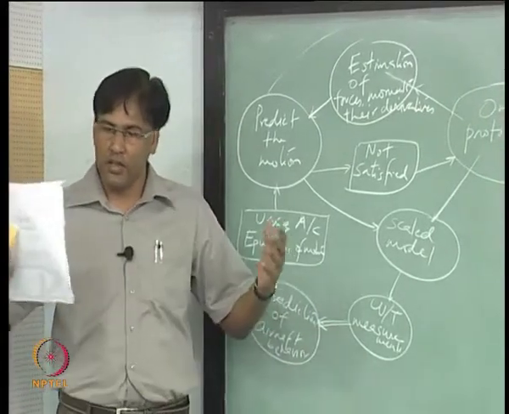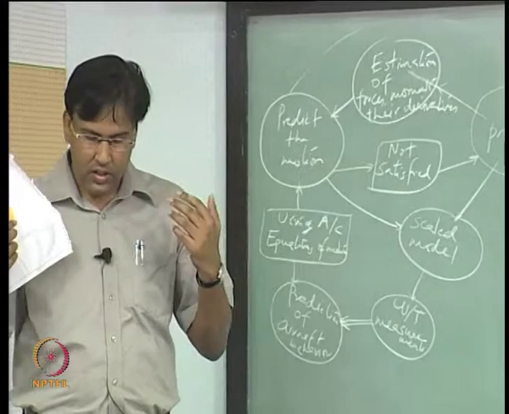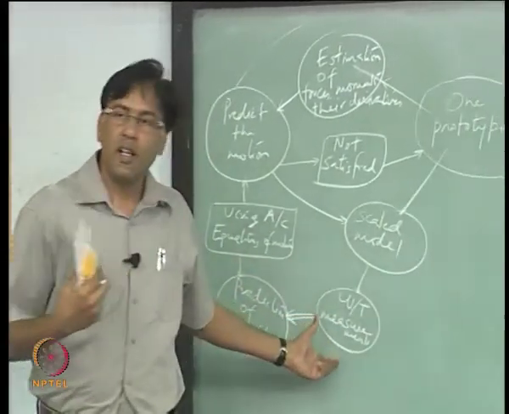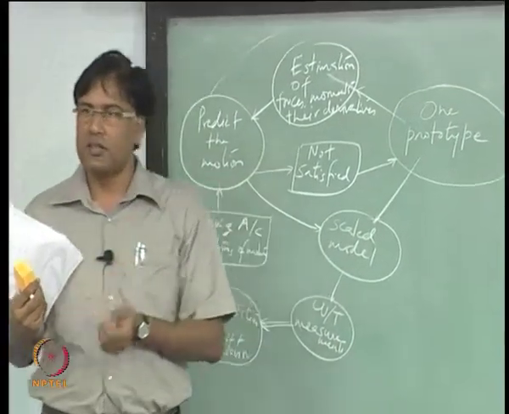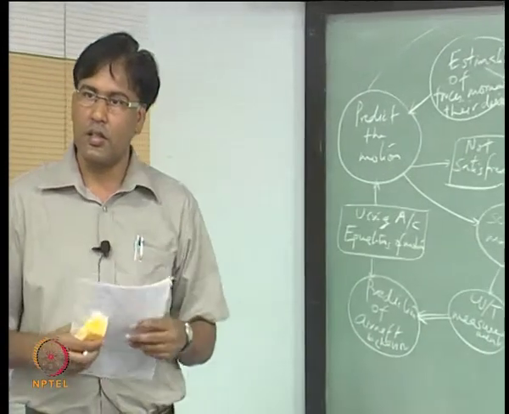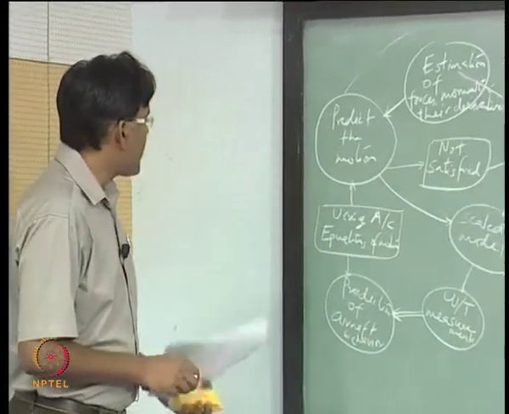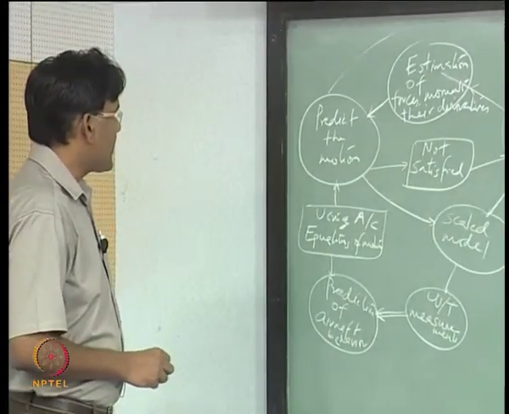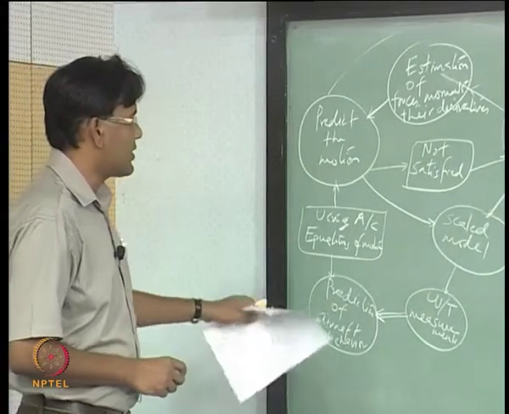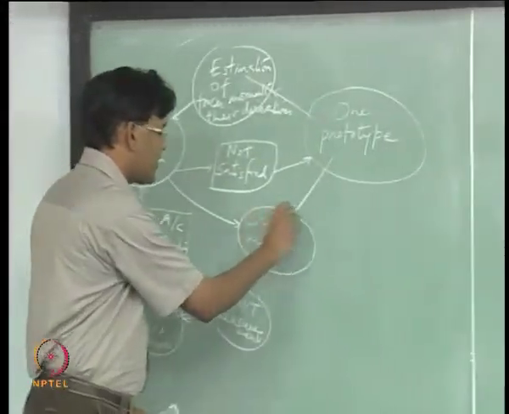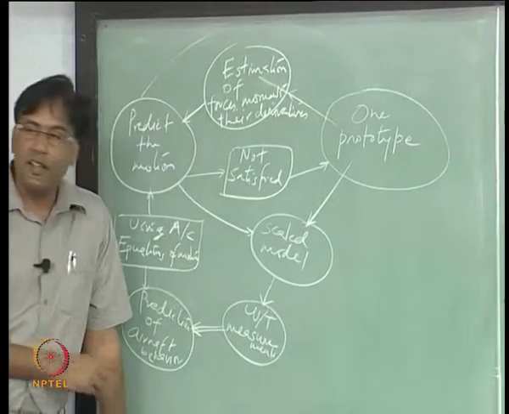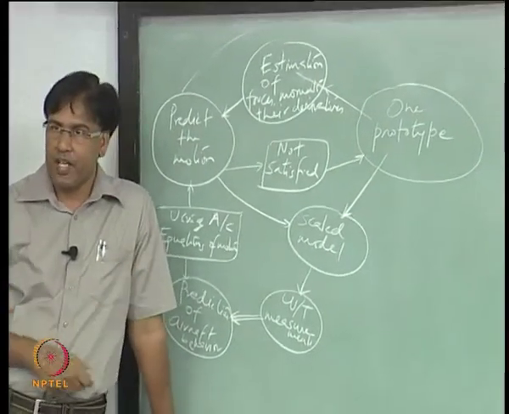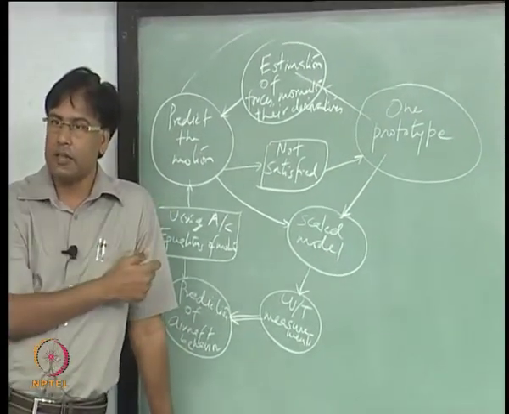But if you are putting the scale down model in the wind tunnel, then you are measuring actual data, right. Is this all right? Everybody gets what I am saying?